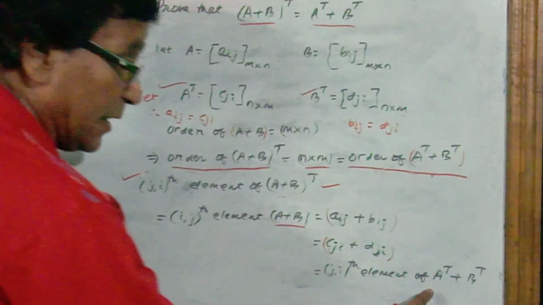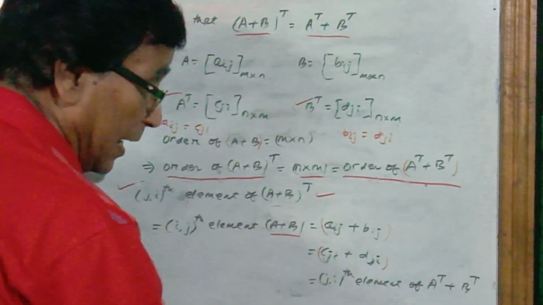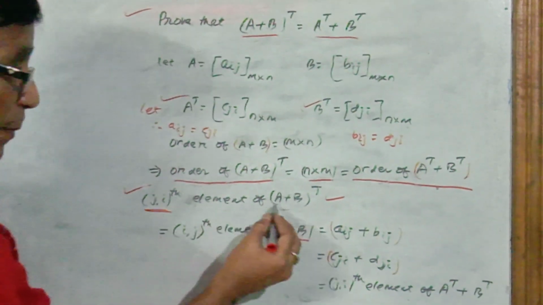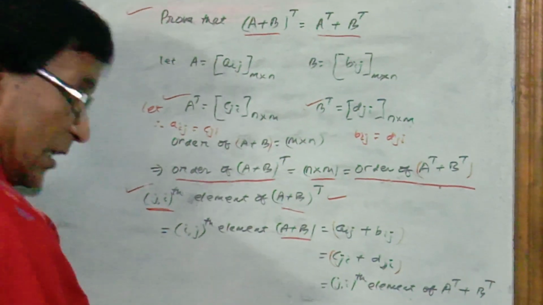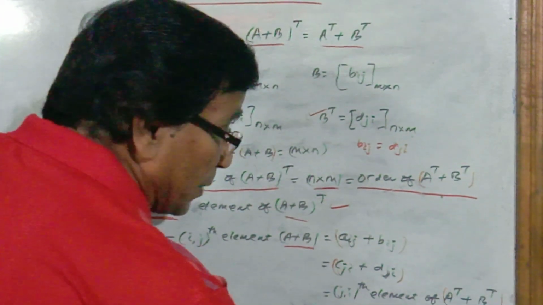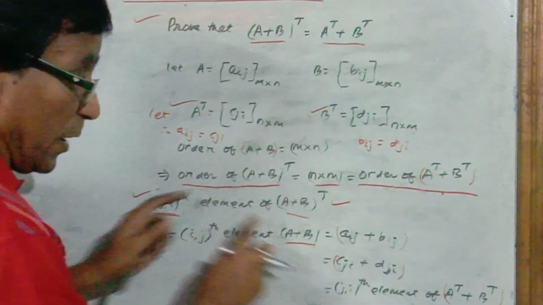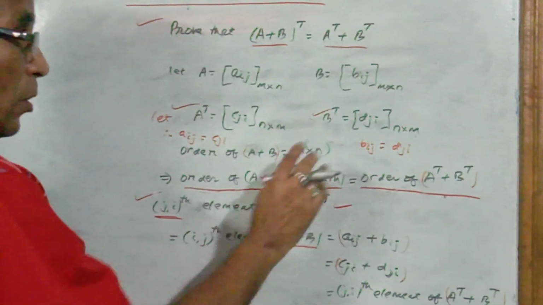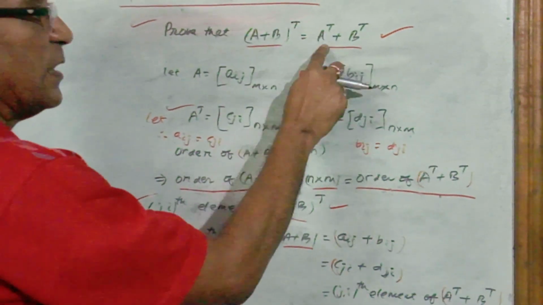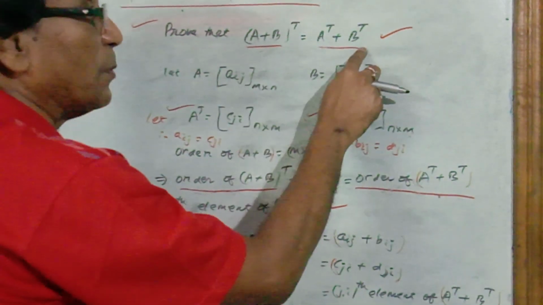That means we have proved that the jith element of (A plus B) whole transpose is also equal to the jith element of A transpose plus B transpose. So their corresponding elements are the same, and their orders are the same. So we have proved that always (A plus B) whole transpose is equal to A transpose plus B transpose.